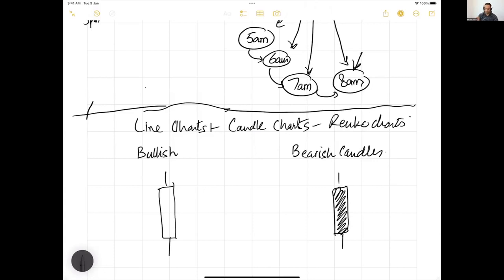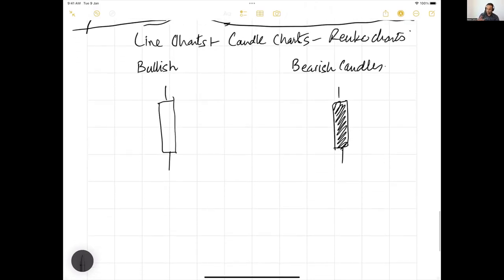The bullish candle basically means that price is moving up. Whenever you have a bullish candle, this means price moves up. Whenever you have a bearish candle, it means that price moves down.